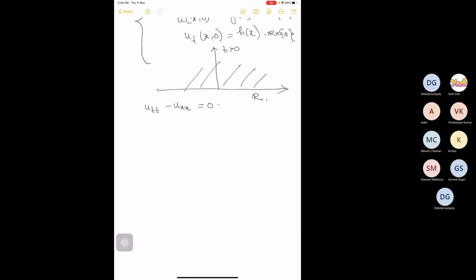Do you remember anything? Have you seen this type of equation in this type of domain?